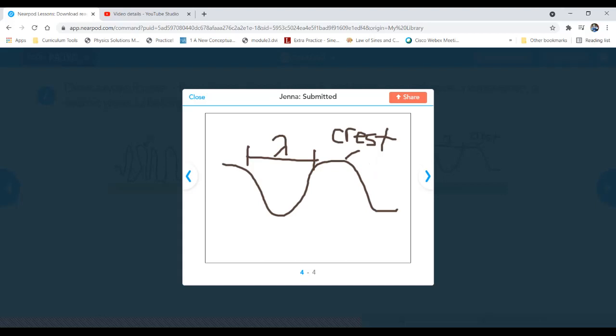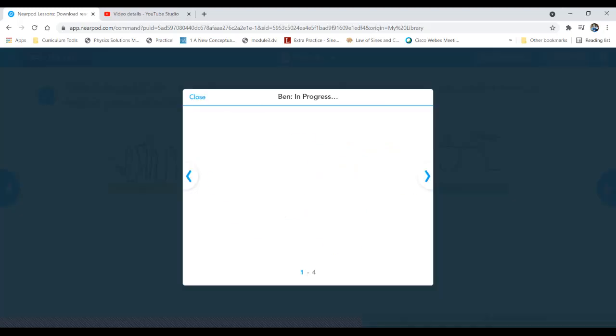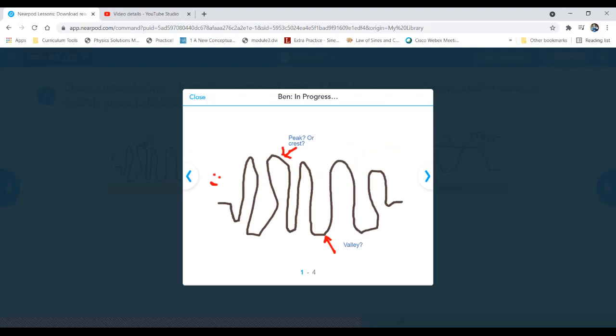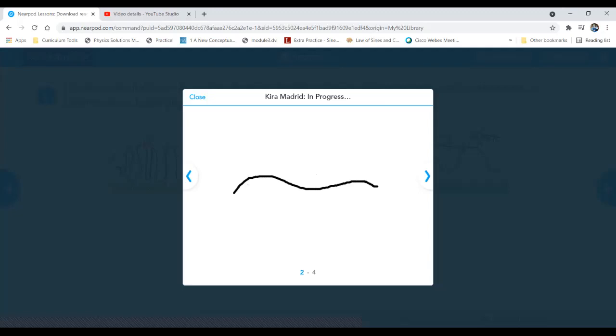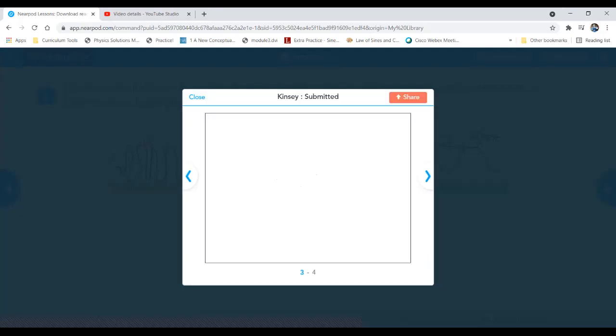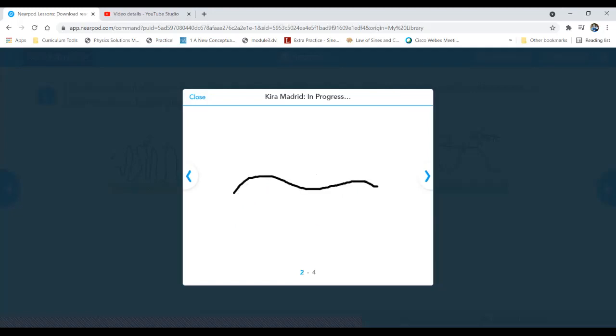Very good. And then at the bottom right here is the trough of the wave. That's good. And Kira's, I see a nice long wavelength. All right. Good. Thank you.